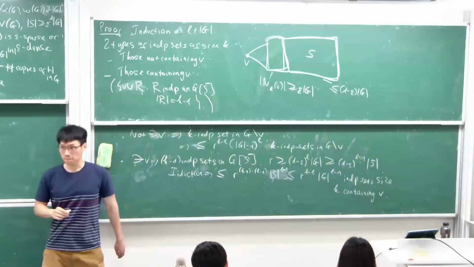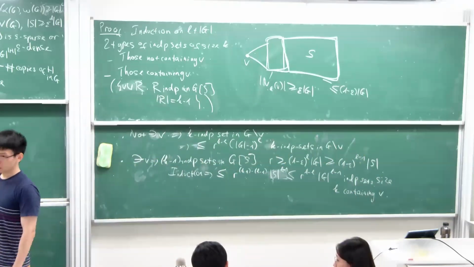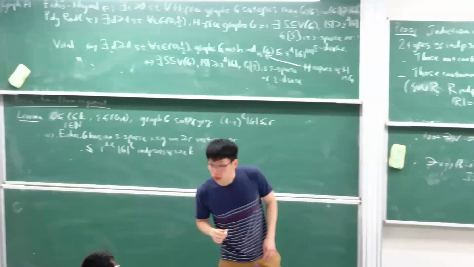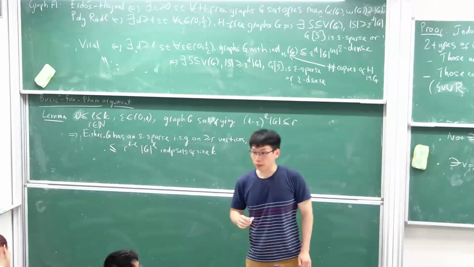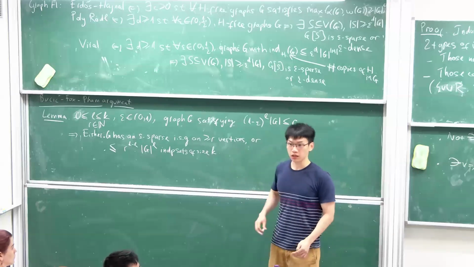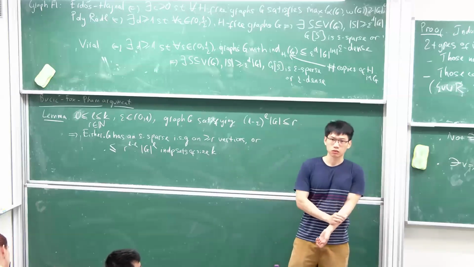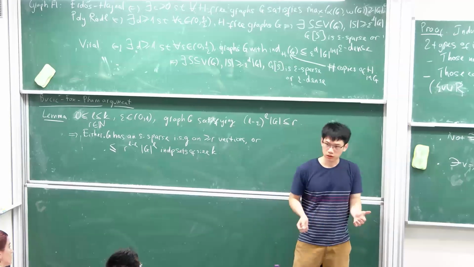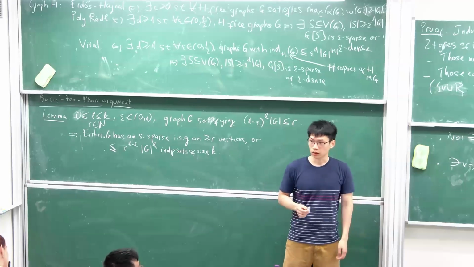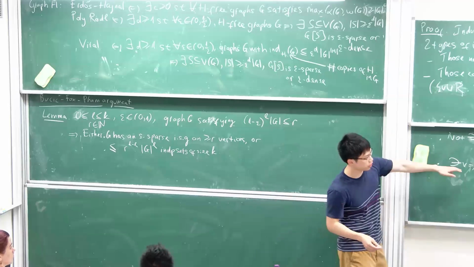You could get the epsilon sparse set, but you could add v to it, right? There are two outcomes. You could get this epsilon sparse set on R minus 1 vertices. But then you're assuming that this doesn't happen, because you could add v to it. No, I mean, you didn't use R in this induction. I did use R, I use R as an upper bound.